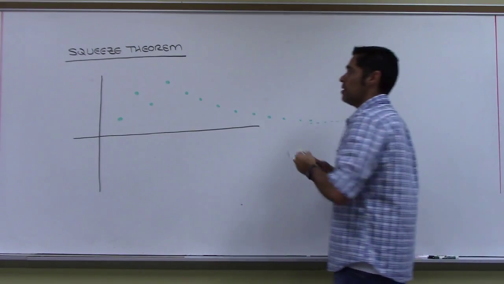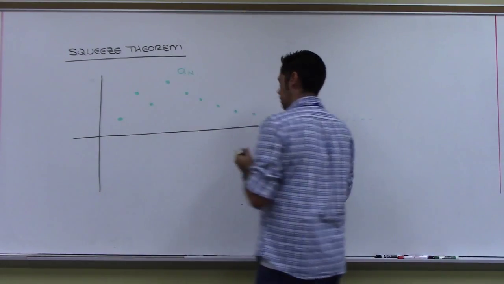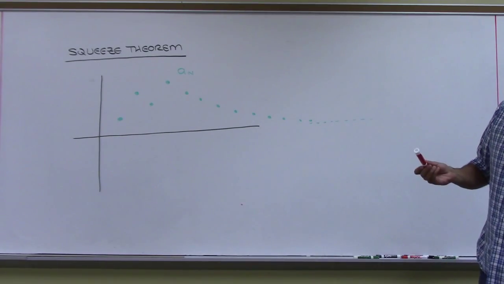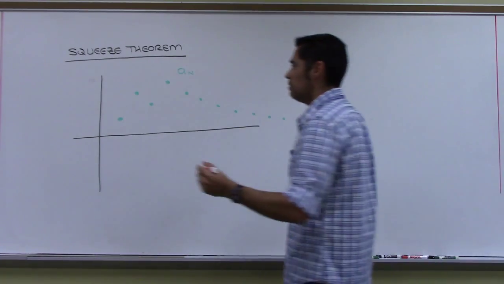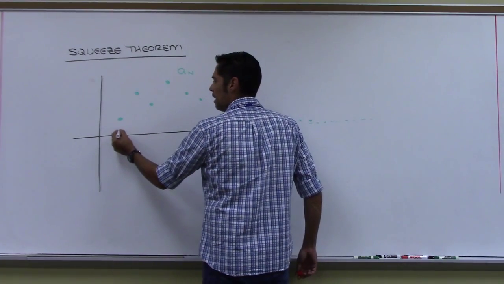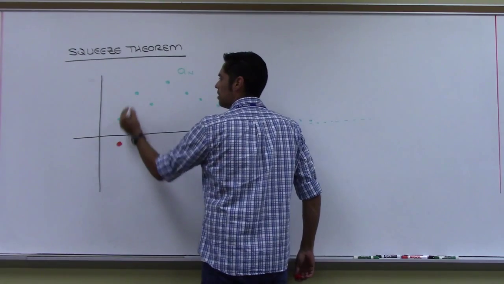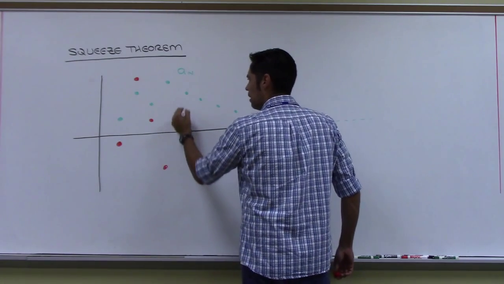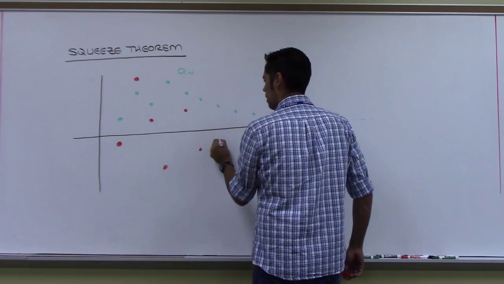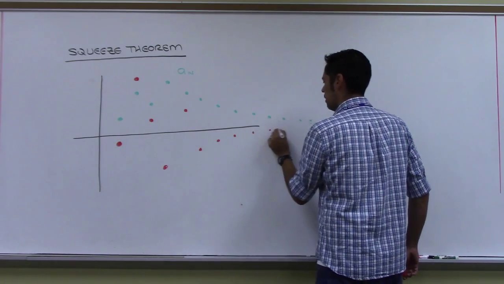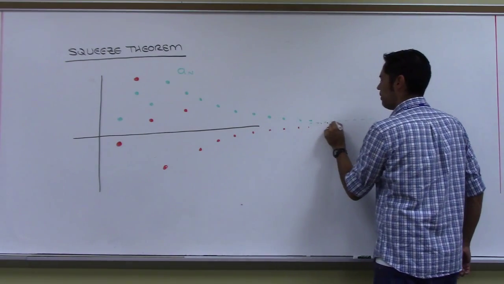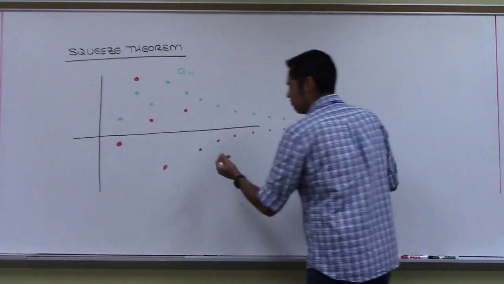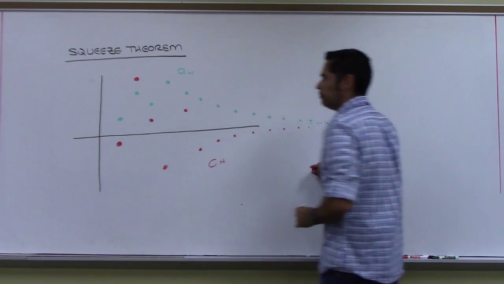And let's call this sequence right here A sub n. Then I have another sequence, which I'll do in red, which the first one is maybe here. The second one is maybe here, and then here, and then here. And it's converging to the same thing. All right? Call that C sub n.